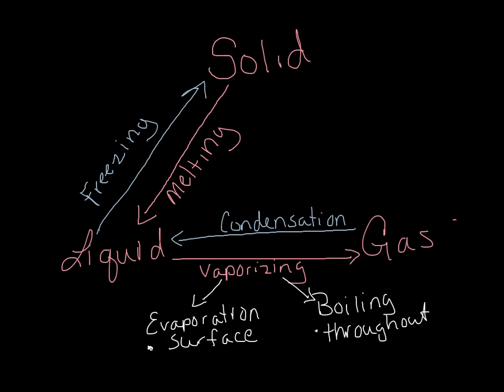Now, if we're going to cool a gas to a solid, this is a term we don't really need to know for our SOL, but a lot of kids want to know what this is. And we call that deposition. It's where a gas gets frozen straight down into a solid without passing a liquid phase. I'm going to try and write this a little bit better.